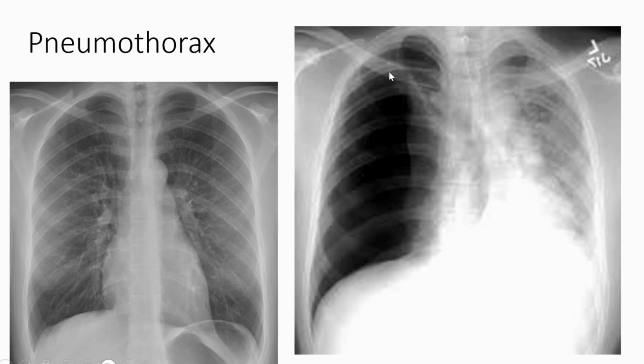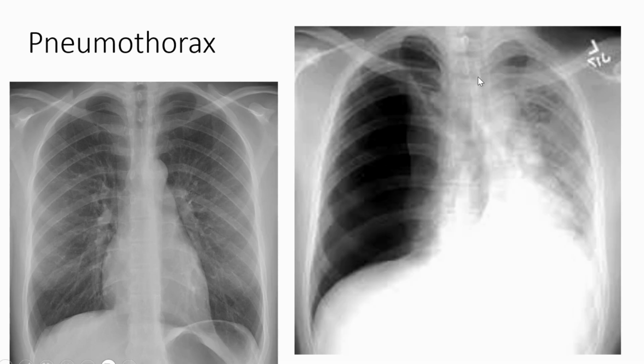This is causing the mass effect, with tracheal shift to the contralateral side, whereas as I described in atelectasis, the trachea and mediastinal shift or fissure shift is towards the collapsed lung, while in pneumothorax and pleural effusion, it is pushed away from it, so it is the contralateral side.